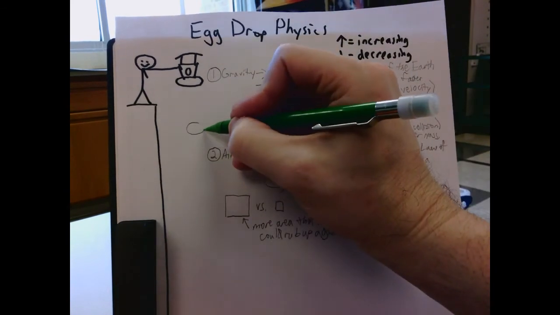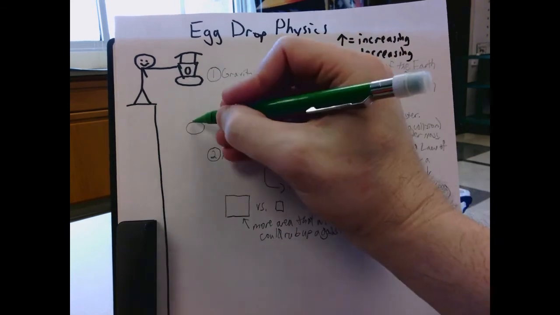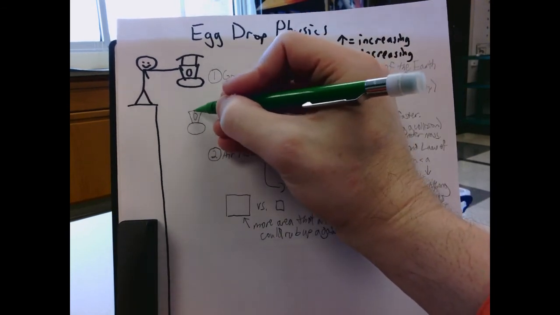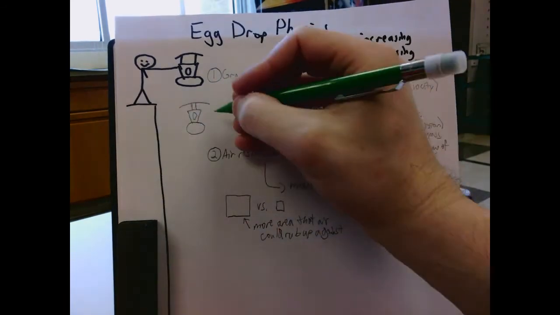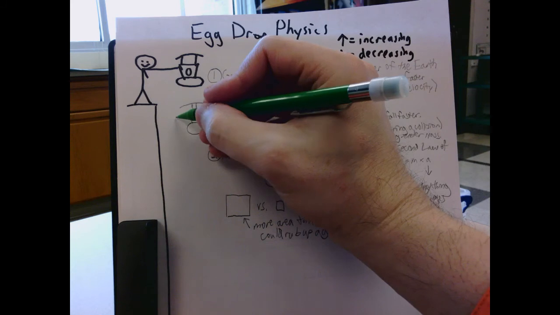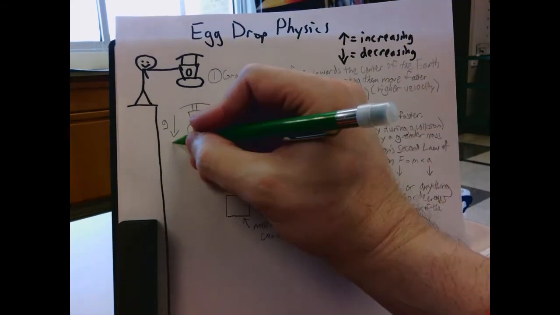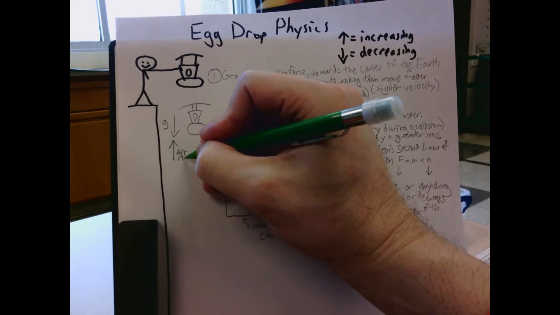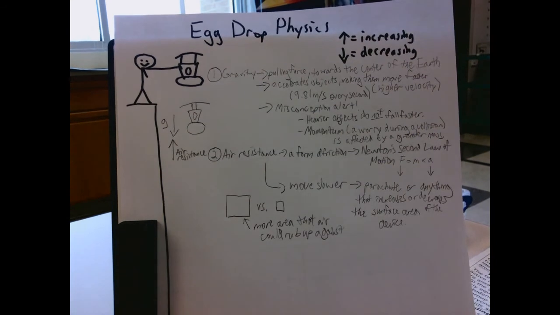Let's say that this person drops the egg device. There's the egg in the device. We have two forces acting on this egg: the force of gravity pulling it towards the center of the earth, and the force of air resistance, or air friction, pushing back up on it. So these two aspects are fighting each other.